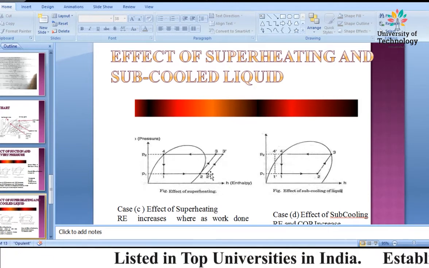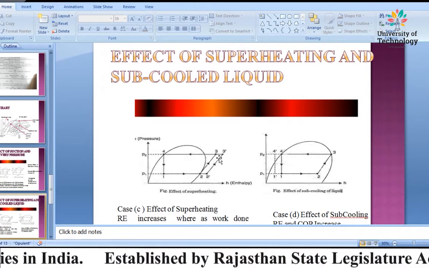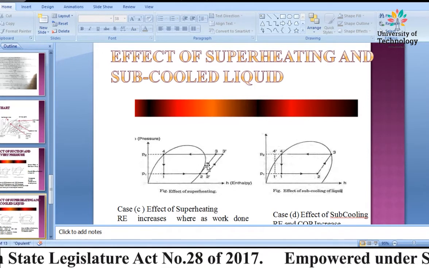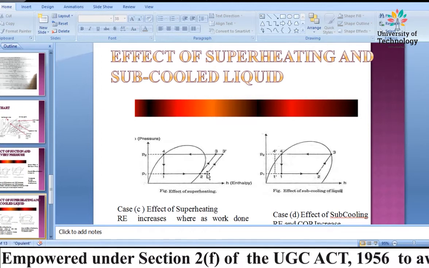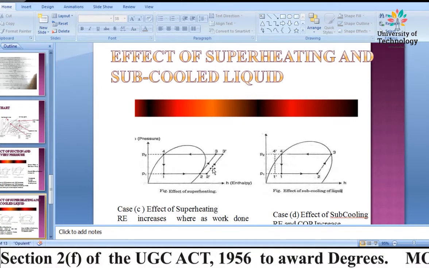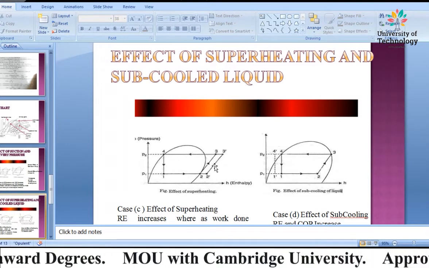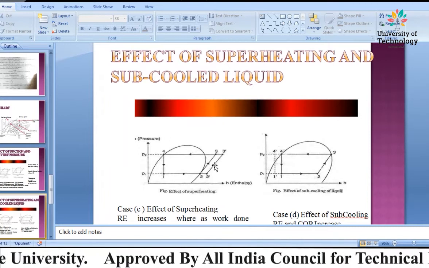So the power consumption increases. Therefore, a large amount of work is needed as compared to the initial condition. That is also one reason: the specific volume increases, a large volume needs to flow through the compressor, and the power consumption increases.